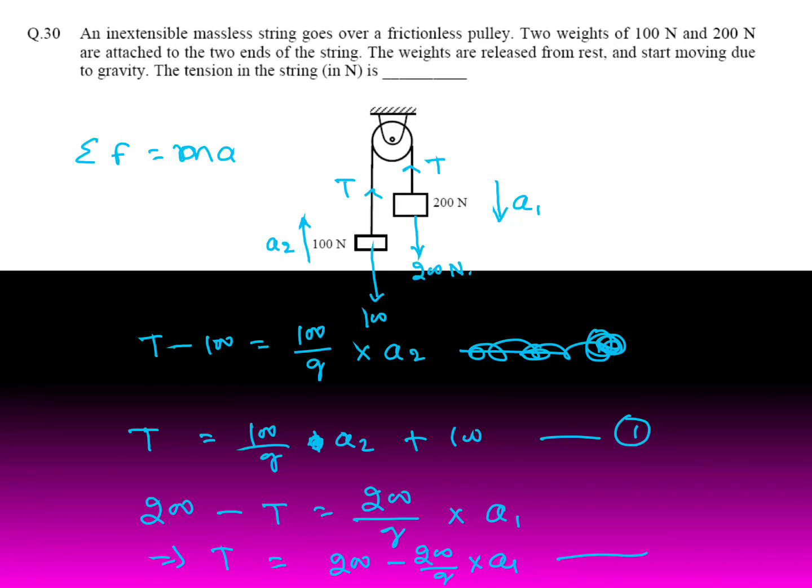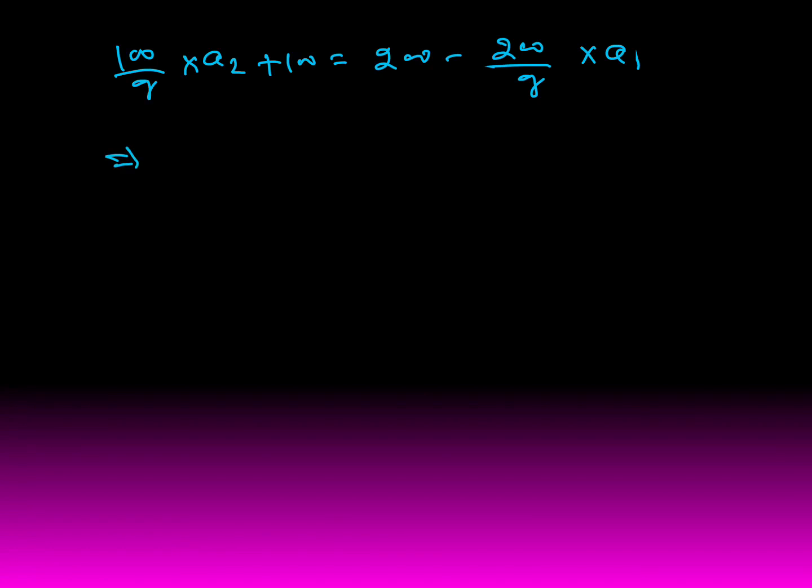And we know both accelerations are the same, A1 equal to A2, we can write it as A. So from equations 1 and 2, 100 by g into A plus 100 is equal to 200 minus 200 by g into A. You can write 100 by g into A plus 200 by g into A is equal to 200 minus 100.